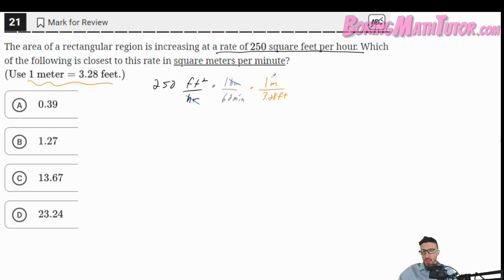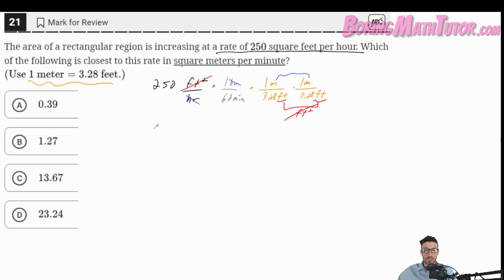Well, no. In fact, what I still need to do is put another one of these, or I could have squared it, whatever you like. But if I put another one, now feet times feet is feet squared, which is going to cancel out with the feet squared right there. And meter times meter, that's meter squared.